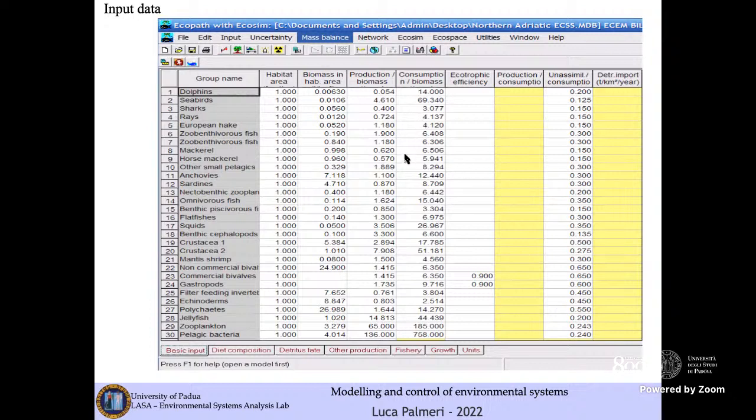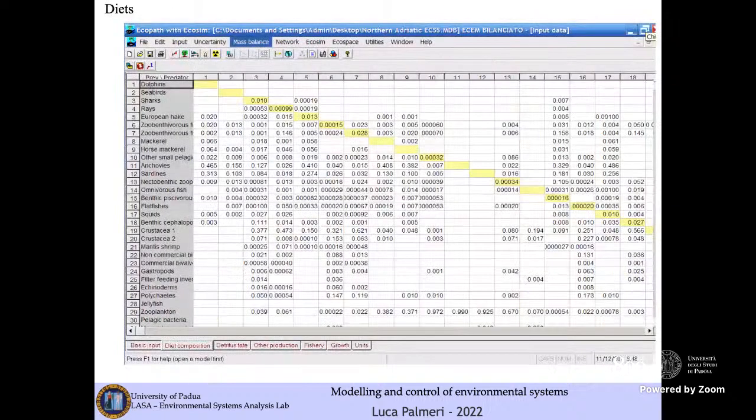So you start by introducing information for each of your boxes or each of your species. This is a basic input. Then you may have information on diet composition and what goes to detritus and so on.